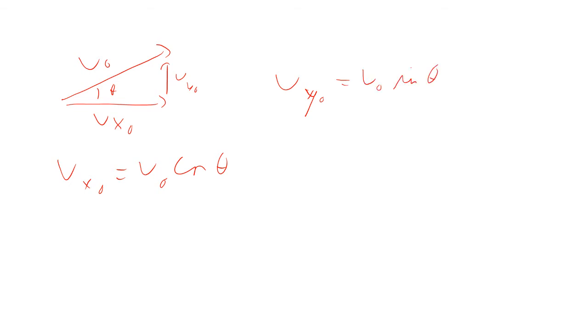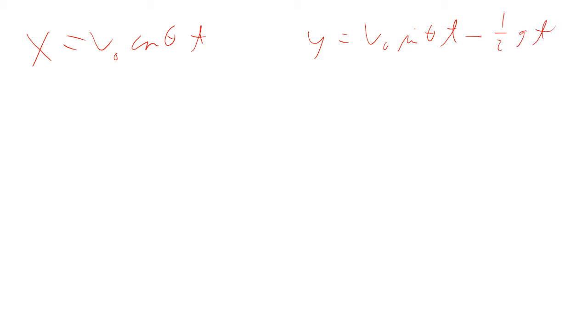Well, we know the angle. The angle was 34 degrees. So that means we do know this angle. And so we can plug this into the equations we just had. So x is going to be v naught cosine of the angle times t, and y is going to be equal to v naught sine theta times t minus 1/2 g t squared.